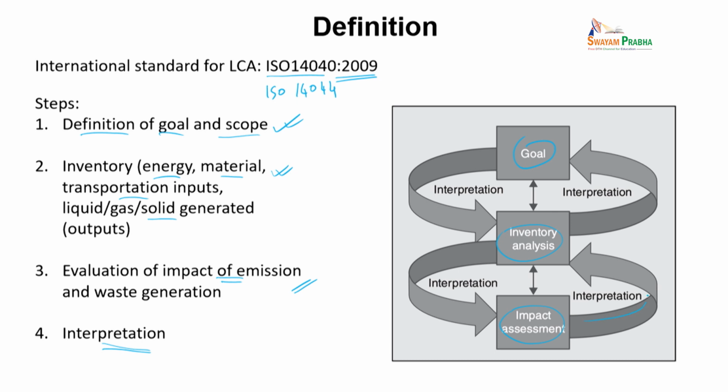This interpretation could actually mean you can go back and change a few of the assumptions, so it's a very iterative process in that sense. Okay, so this is the 4-step method with which LCA is done as per the ISO standards. So now let's go back to the stepwise. Okay, so the first step is to define the goal and scope.